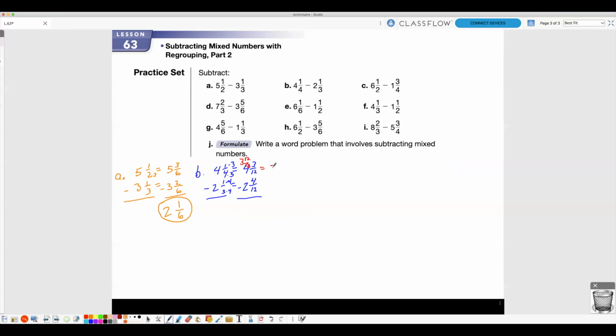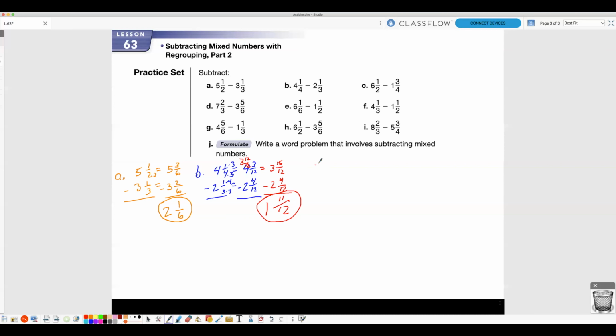So that's the same as 3 15 twelfths. And this would be 2 4 twelfths. And if I subtract that, I'd end up with 15 minus 4, which is 11 twelfths. And then I'd end up with 3 minus 1, or 2, which is 1 in that case. All right, so that'd be letter B.